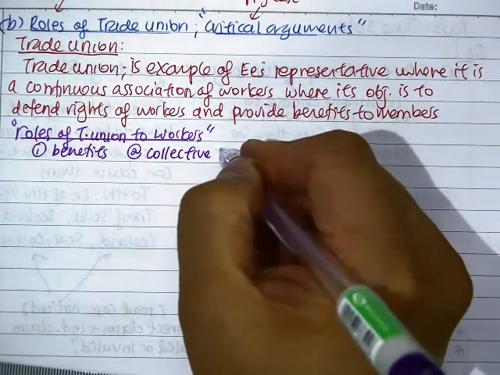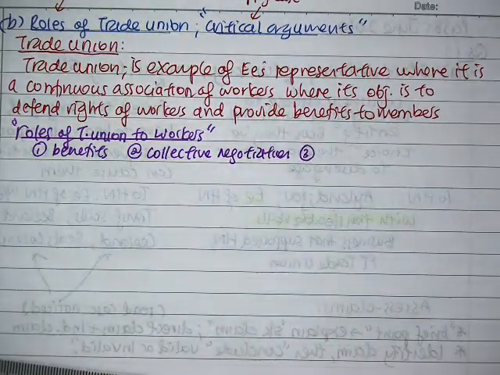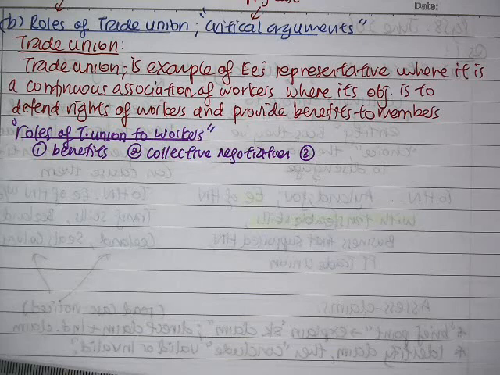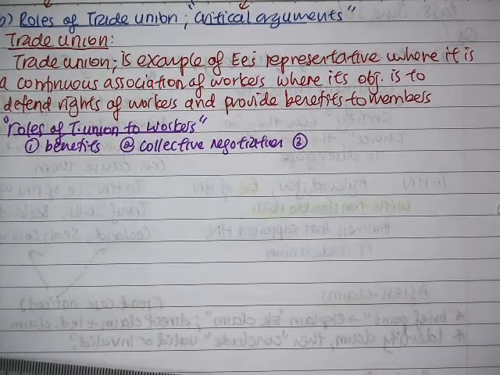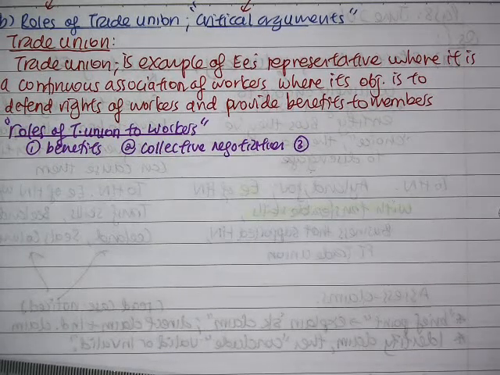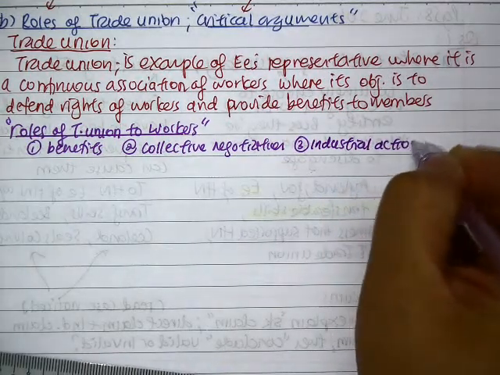Now the main thing, besides giving them benefit, besides providing benefit, they also do collective negotiation or bargaining. Okay? Collective negotiation. What else do they do for worker? What else do they do for worker? Union does a lot of things. In Malaysia they are useless, only overseas are very powerful.